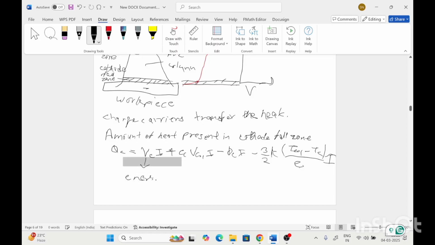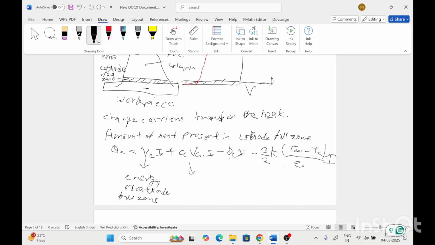V C I is the energy produced in the cathode zone. It is the energy transferred from the arc column to the cathode. The minus phi C term is the work function heat available at the cathode, meaning the energy required to emit the electrons from the cathode.